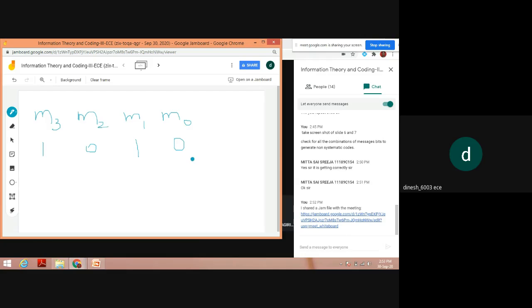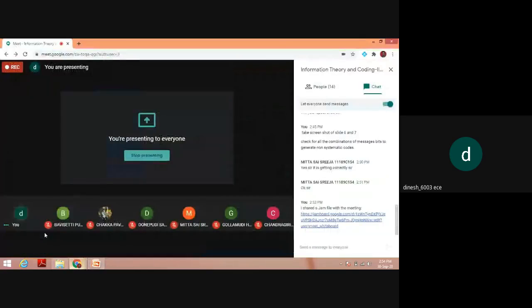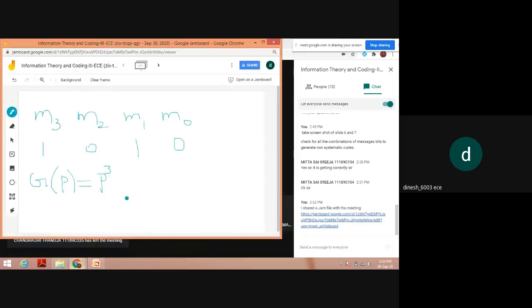I consider that this is the message that I'm going to generate using the generator polynomial g of p. G of p is p cube plus p plus 1.